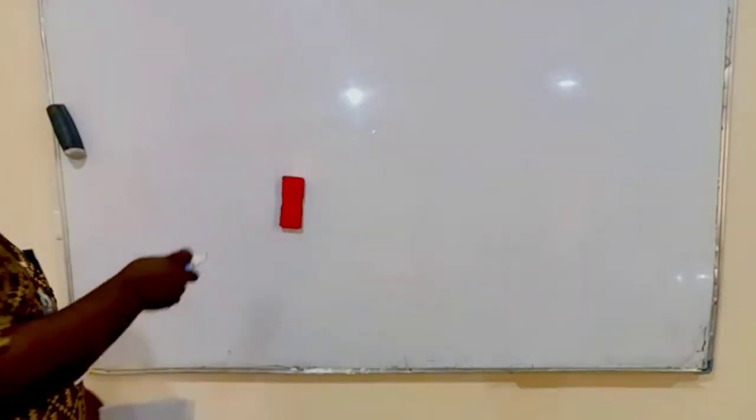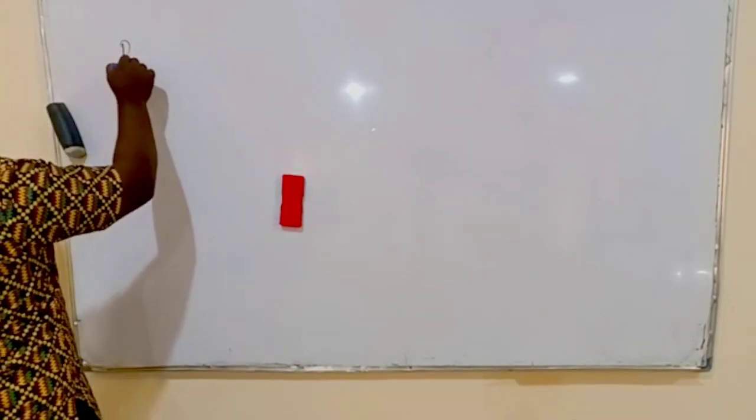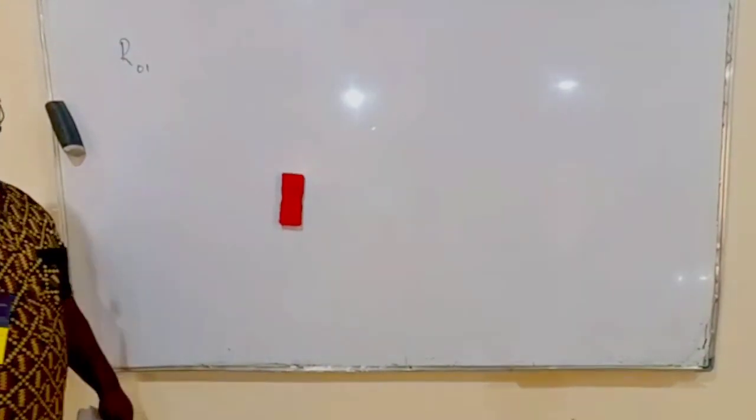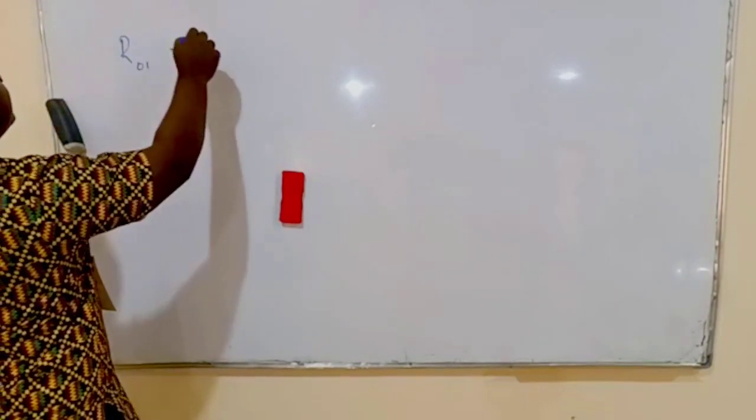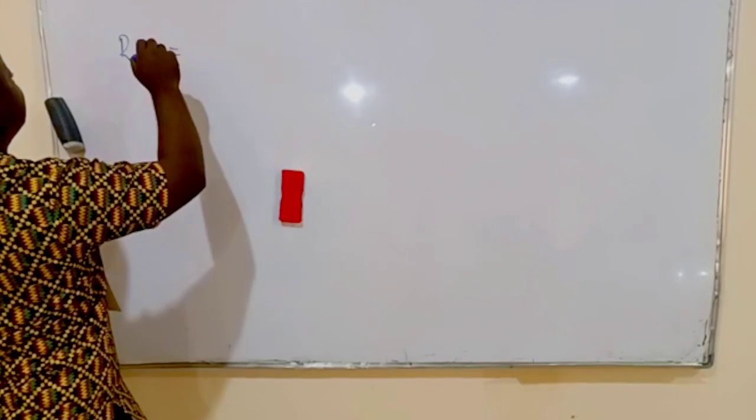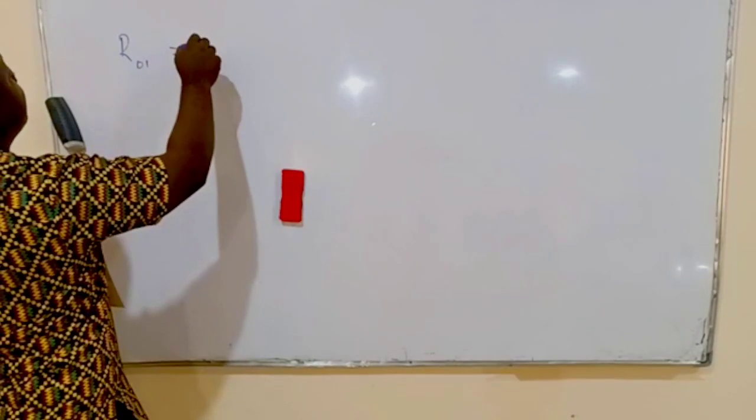With this raised tensor, we're able to confirm that all the off-diagonal elements are 0. Okay, let's say R01 is 0. What is it going to be?